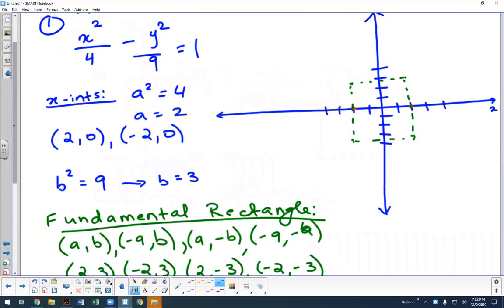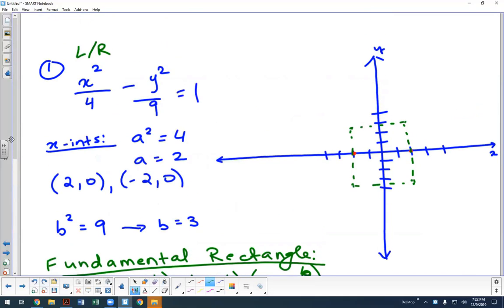So this is just to satisfy that condition of what the equations will look like. But for our graph, as far as the graphing goes, just start at the center and go through the diagonal endpoints. And obviously having a straight edge makes a whole lot of difference. The fundamental rectangle is the most important part of drawing a hyperbola.